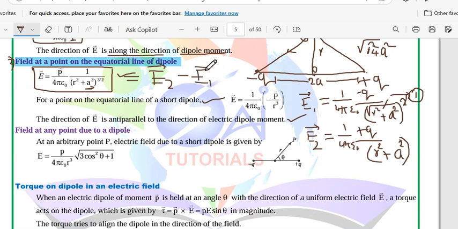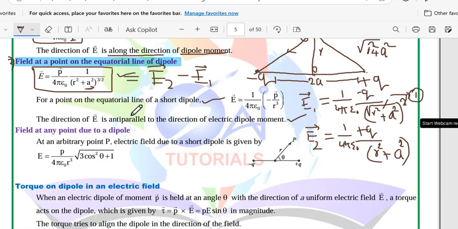By substituting the values of E2 bar and E1 bar, you will get that E bar is equal to P bar divided by 4 pi epsilon naught into 1 divided by (r square plus a square) whole to the power of 3 by 2.